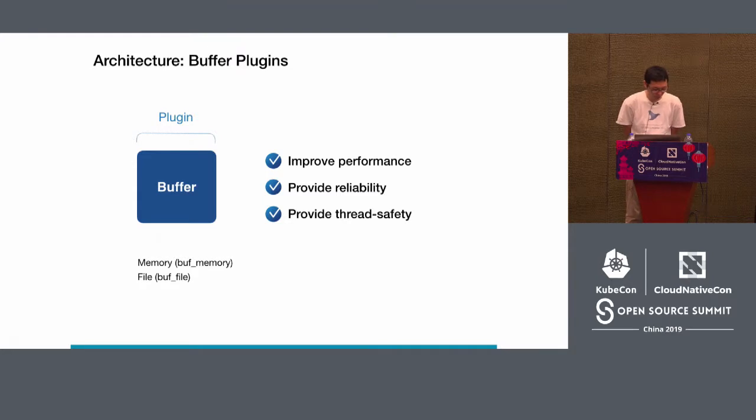Next is the buffer plugin. The buffer plugin is not a standard plugin. This plugin is used inside the output plugin. The buffer plugin is used to store events before the data flush. This is important for improved performance. For example, some output plugins are not optimized for small requests, for example MongoDB or Elasticsearch.